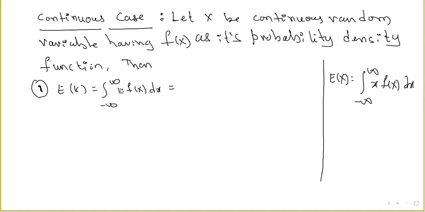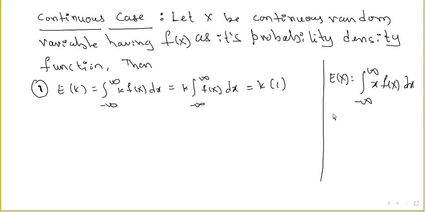So k is a real number. I will take it outside the integration, k into integration minus infinity to infinity, what we have here? Only f of x dx, right? This is equal to k into 1 again, right? Because we know the properties of the density function.